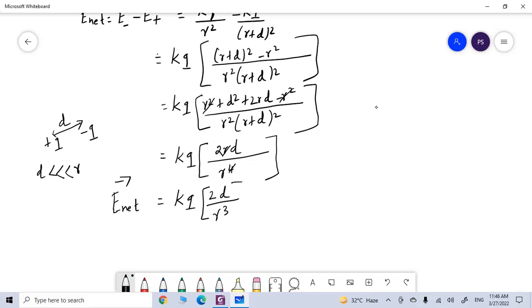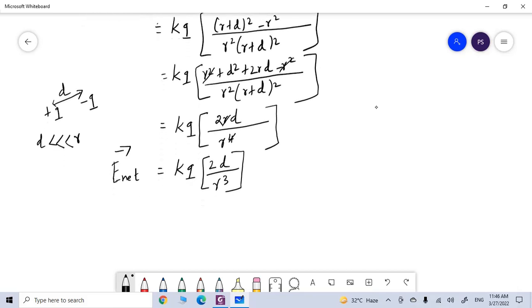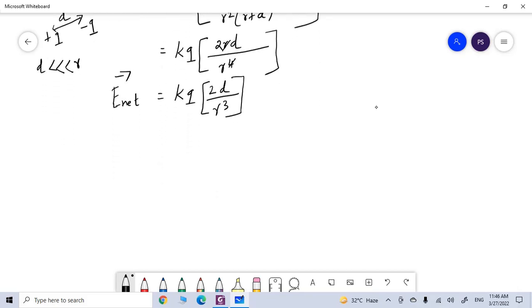Now let's deviate a little bit here. There is another important quantity which defines an electric dipole, and that's a vector quantity called electric dipole moment. It's given by the symbol P and it's a vector quantity.